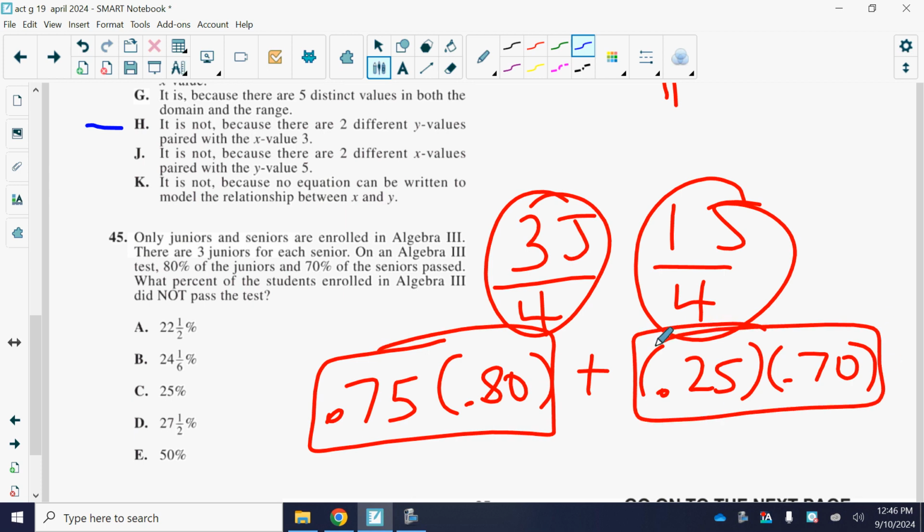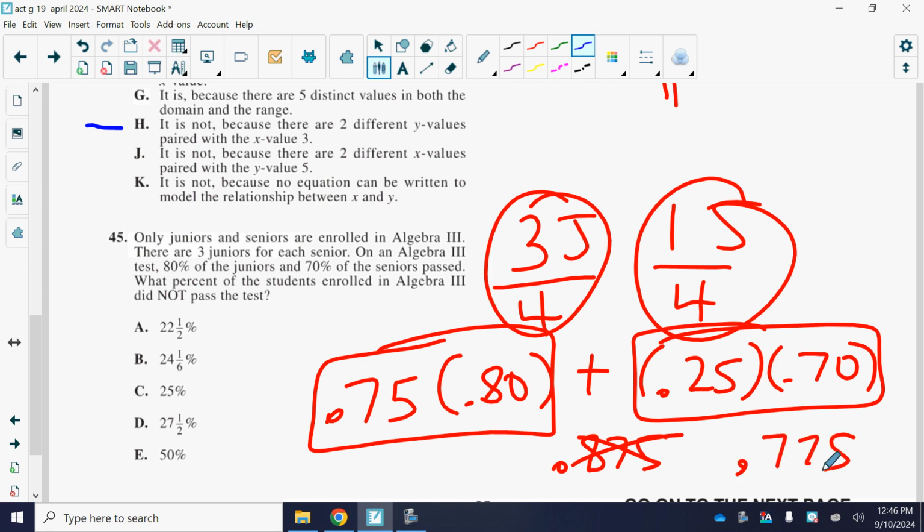Add them up, and I think you get something like 875 or 775. Let me see. I'm sorry, I better type those in. I'm doing this without my normal calculator. So 0.75 times 0.8 plus 0.25 times 0.7 gives me 0.775.